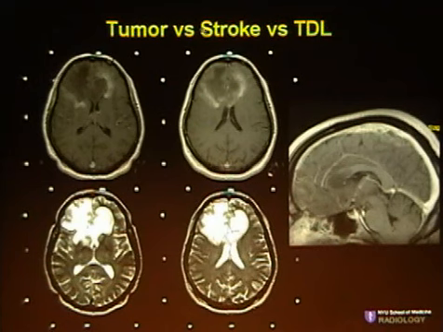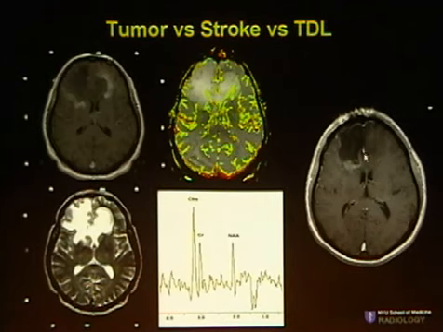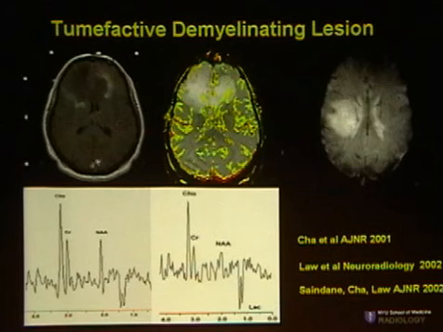Okay, so at the time, we weren't that sure, and if you look at the sagittal image, there is some mass effect and expansion of the callosum there. So the surgeons also weren't very confident; the patient had a frontal lobectomy, and this turned out to be a tumefactive demyelinating lesion. And from a bunch of cases, we learned that, again, when you normalize the choline, it's really not as high as in a tumor.